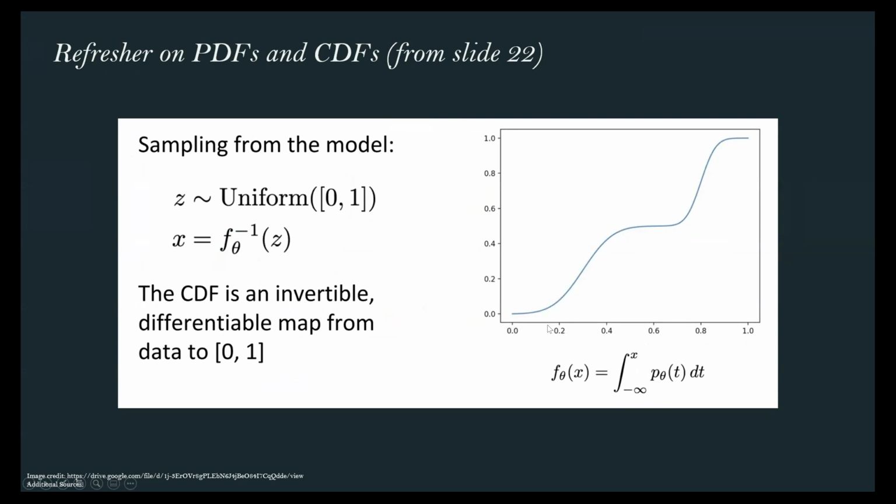Another way to think about this CDF is as a way to map some distribution, this p theta, to a uniform distribution. I think it's a little unfortunate that we have 0 to 1 on the x-axis and 0 to 1 on the y-axis. It makes you think it has to be that way.